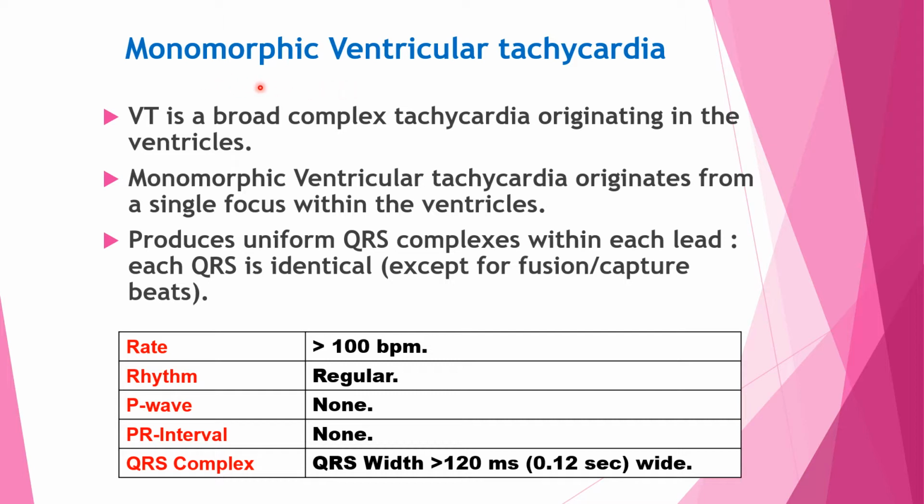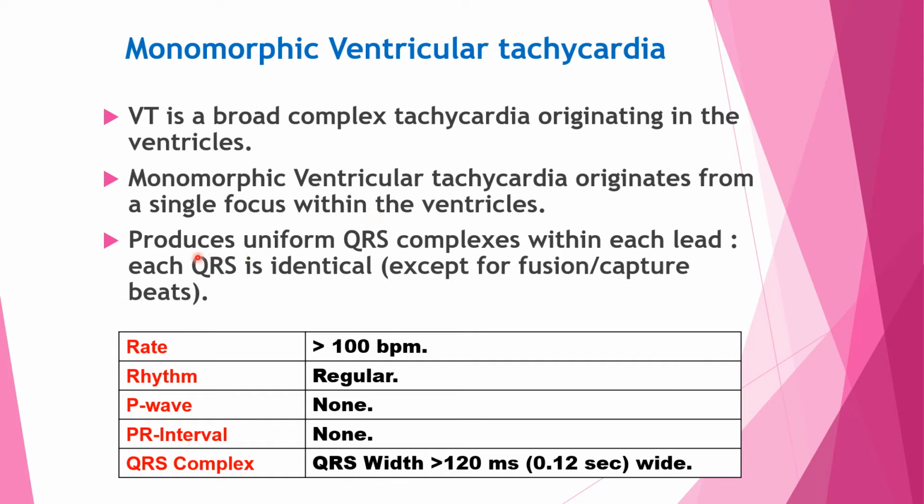So let us review monomorphic ventricular tachycardia. VTach is a broad complex tachycardia originating in the ventricles. Monomorphic ventricular tachycardia originates from a single focus within the ventricles, so it will give the same shape for the QRS complex.